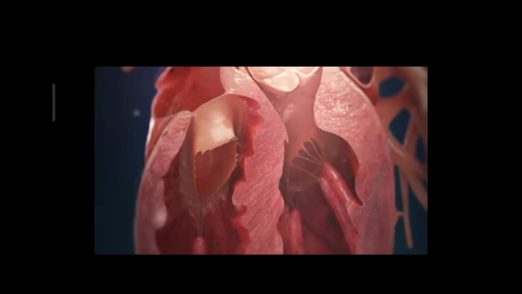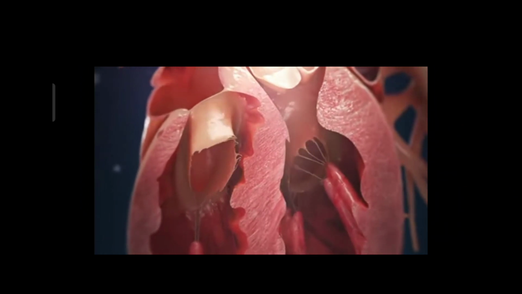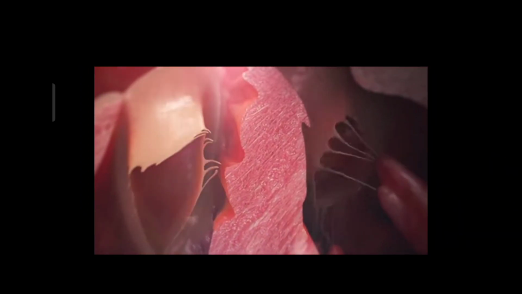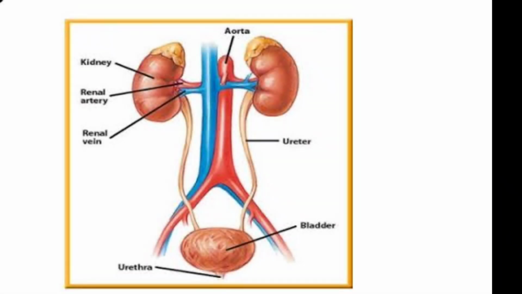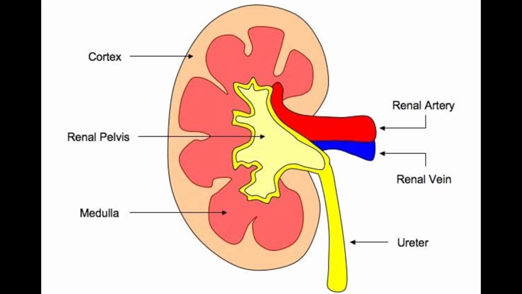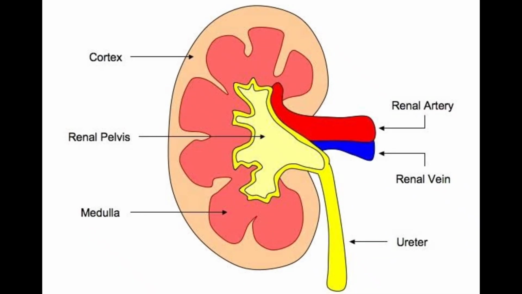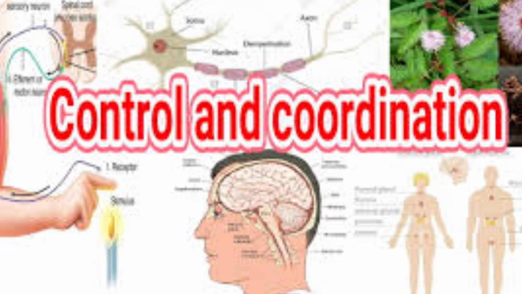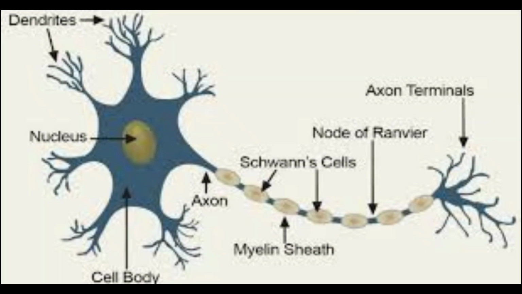Transport is the process in which a substance absorbed or made in one part of the body is moved to other parts of the body. Excretion is the process in which the waste materials produced in the cells of the body are removed from the body. Control and coordination is a process which helps the living organisms to survive in the changing environment around them.